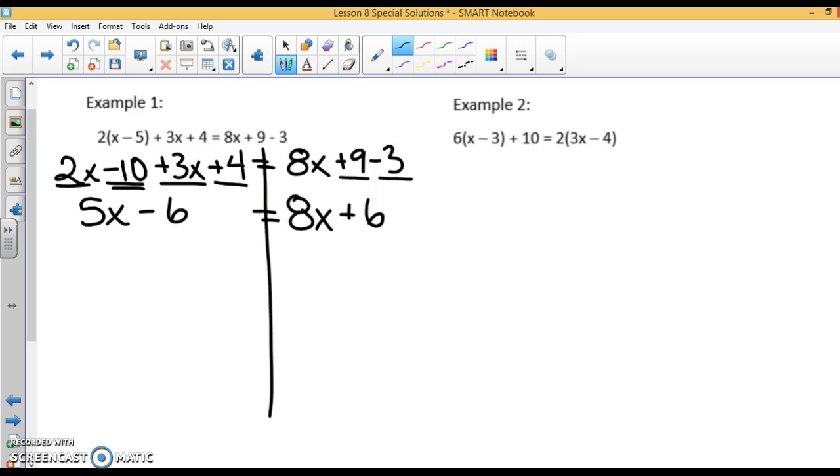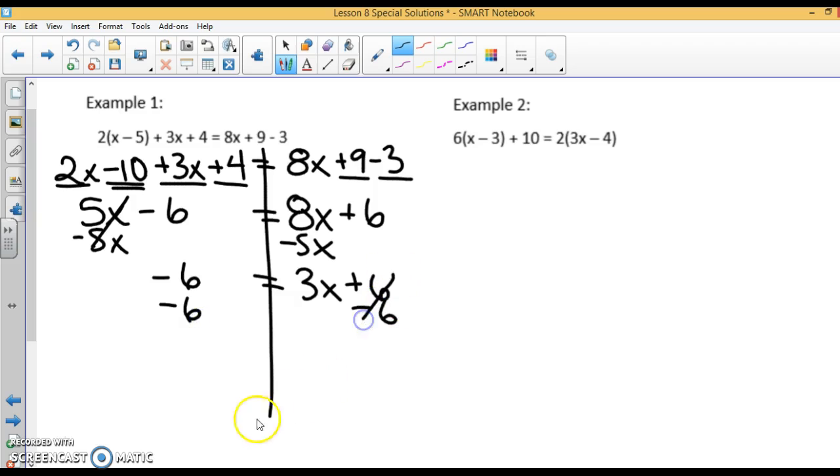And now I can just solve. I want to move my variable to one side. So I'm going to subtract 5x from both sides. So this cancels out and leaves me with negative 6 equals 8 minus 5, which gives me 3x plus 6. And I'm going to subtract 6 from both sides. So on this side, negative 6 minus 6 gives me negative 12 equals 3x.